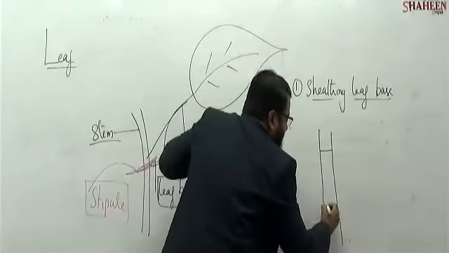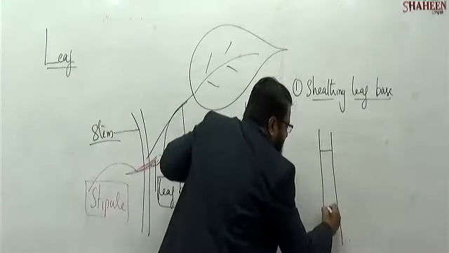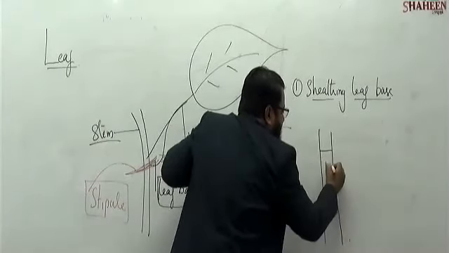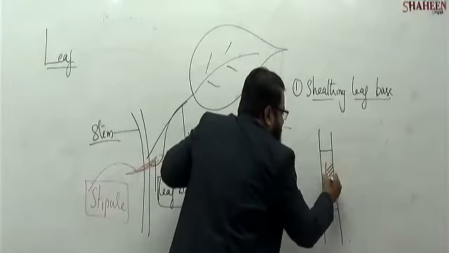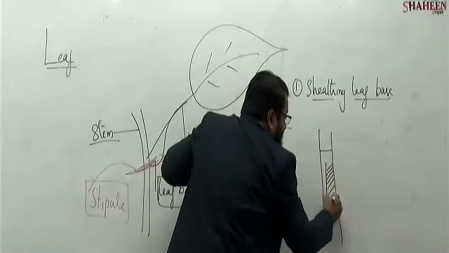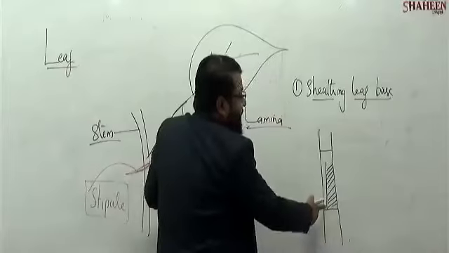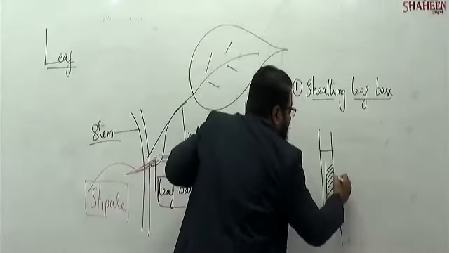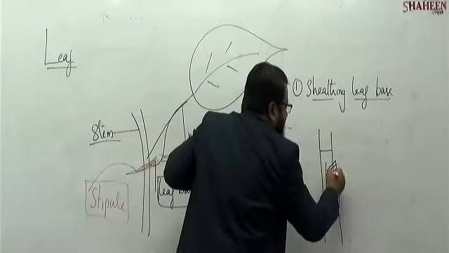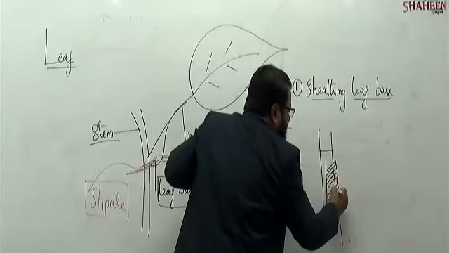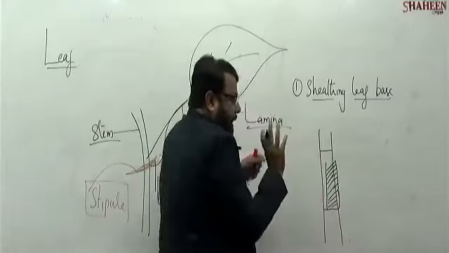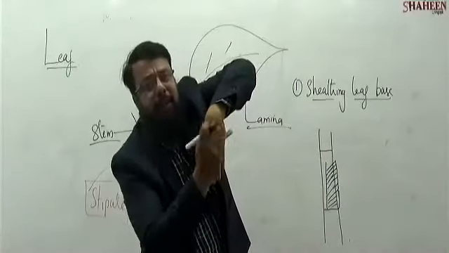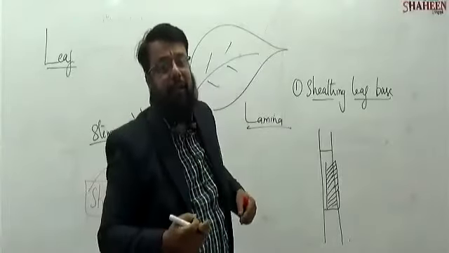Now observe here. The leaf base is arising, attached to and covering the stem. Half of the stem is covered. In the circular, cylindrical part, half of the stem is covered by the leaf base.